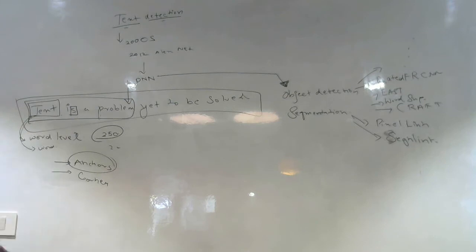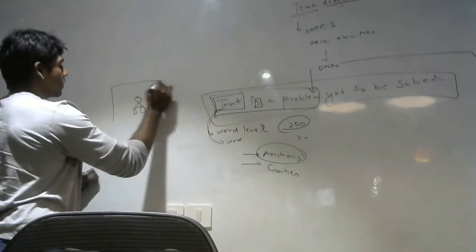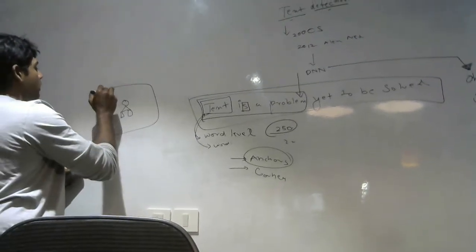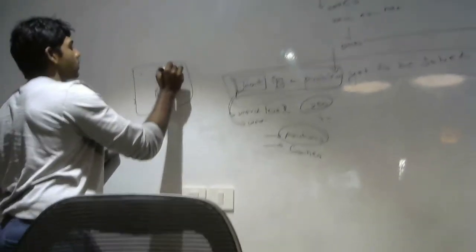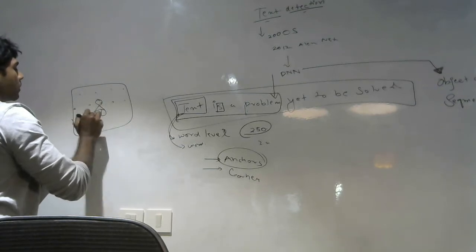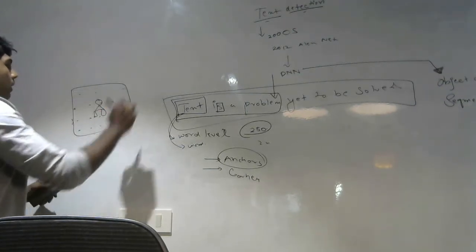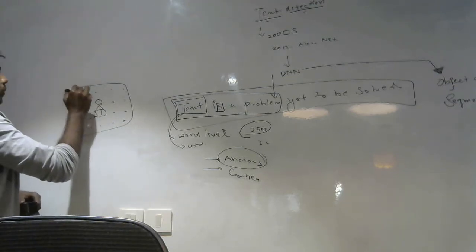No? Okay. Objects, if you take this human on the screen, anchors are just points. This is in layman's terms, not really the accurate representation. These are called anchors, and every anchor will have one aspect ratio.